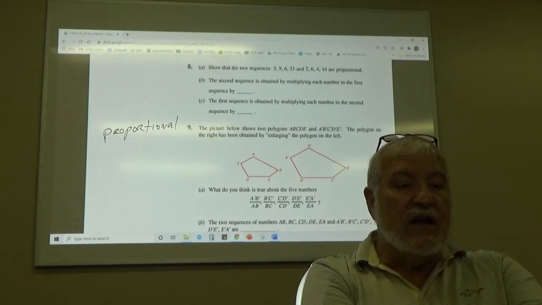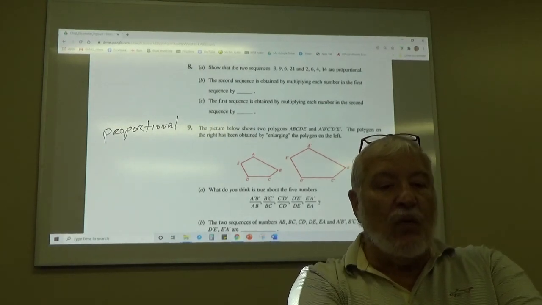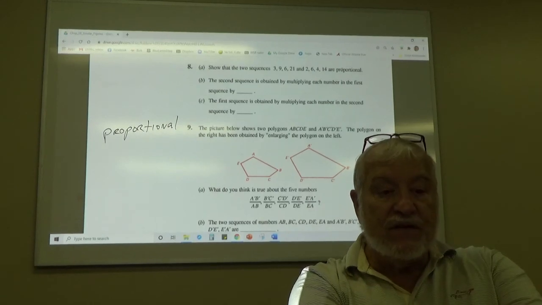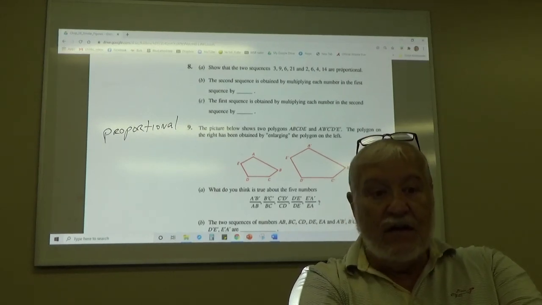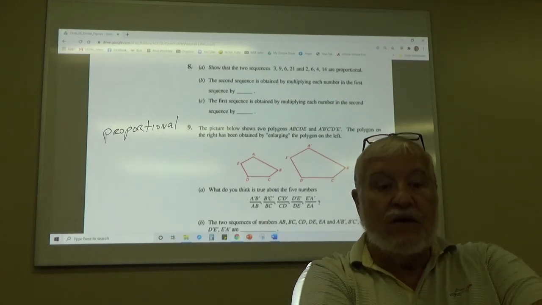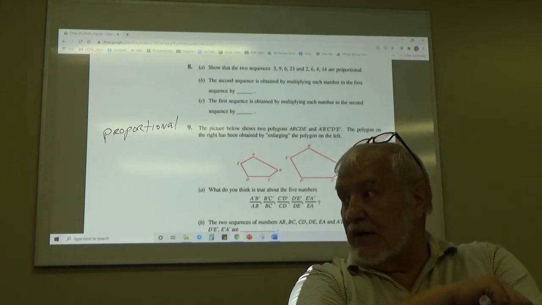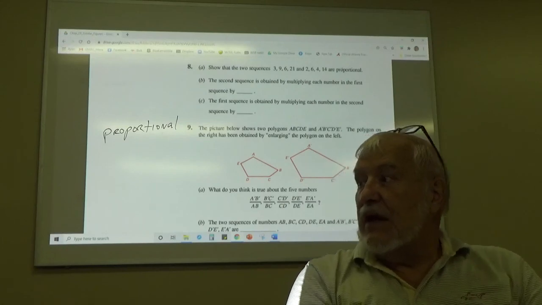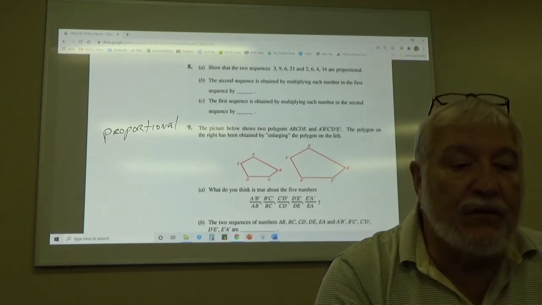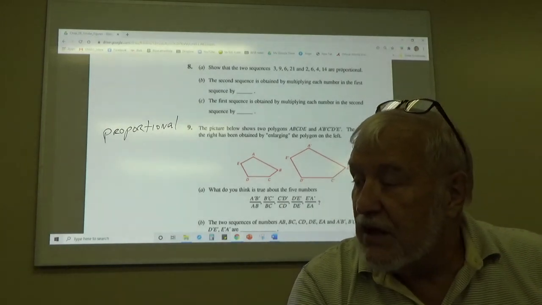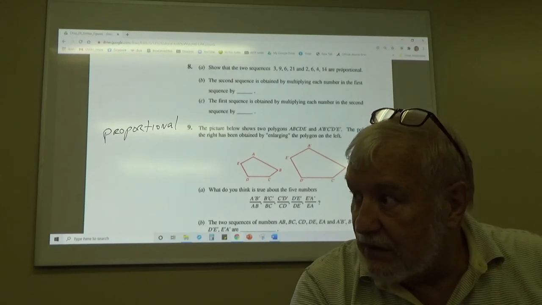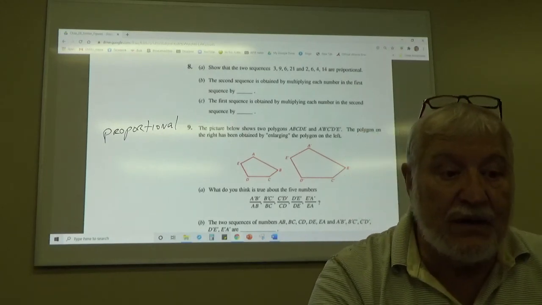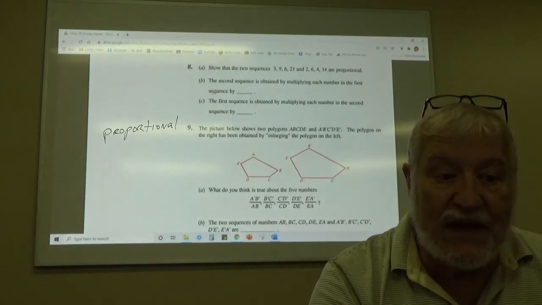So in 8b, it says start with what? Start with the first and find the second. All right, so you're going to have 2 over 3. And 2 over 3 is 2/3, right? And so you're going to multiply the first sequence by 2/3 to end up with the second sequence. That's what 8b is asking.